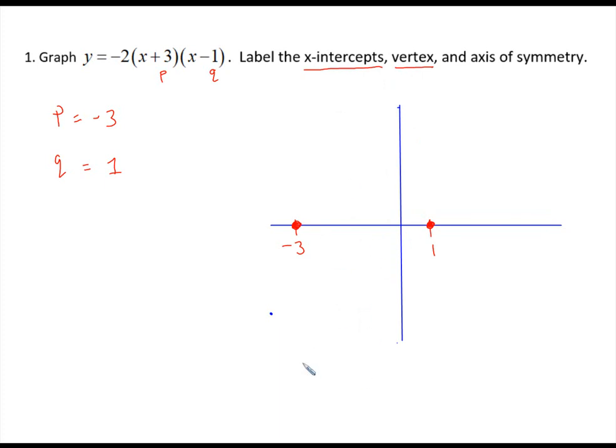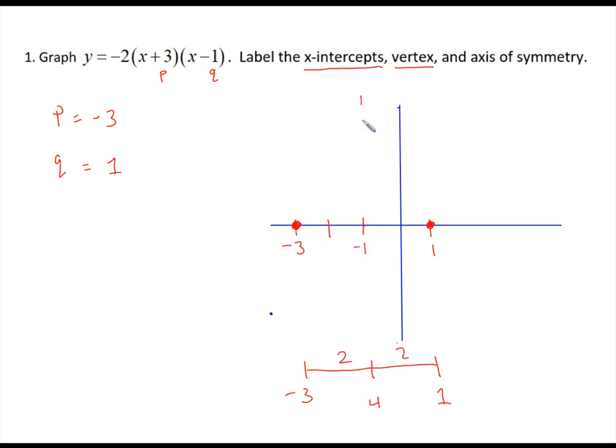So this distance apart here, from -3 to +1, is 4 spaces apart. That means that halfway, we move 2 spaces to the right from -3. This is going to be halfway. So that means that this is -2, -1.